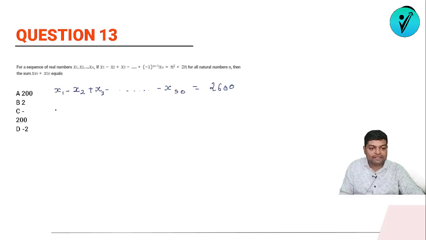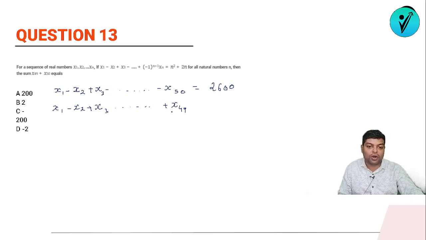Similarly, if I have to get the value till x49, it will be x1 minus x2 plus x3, okay, plus x49. Now x49 will have a positive sign because it's an odd number, and what will be the value of it? Again we keep the value of n as 49, so it will be 49 into 51.